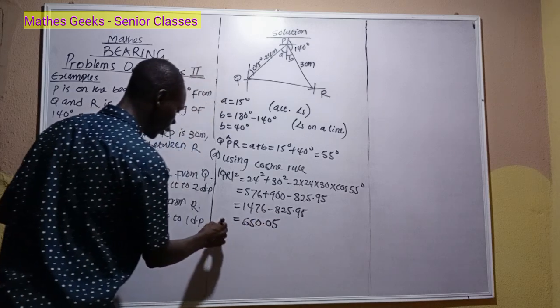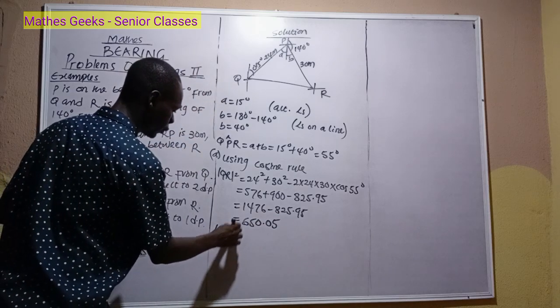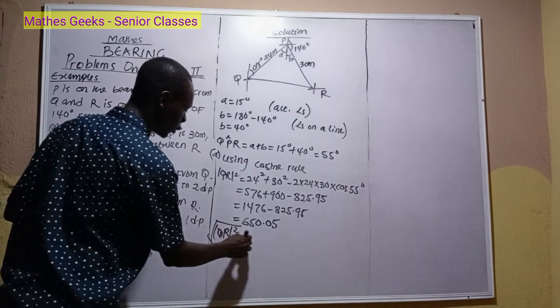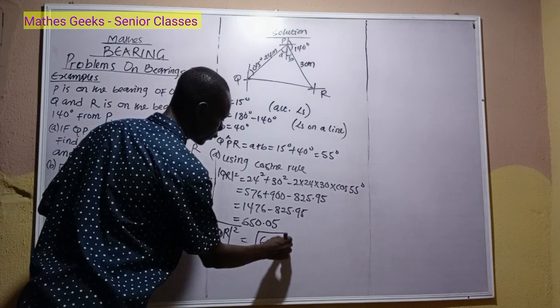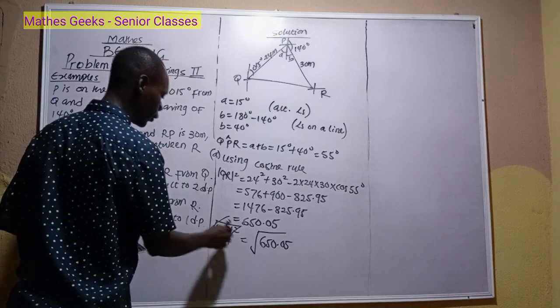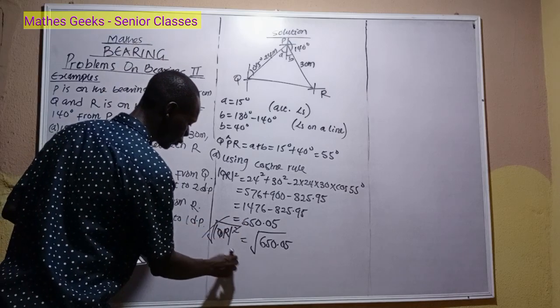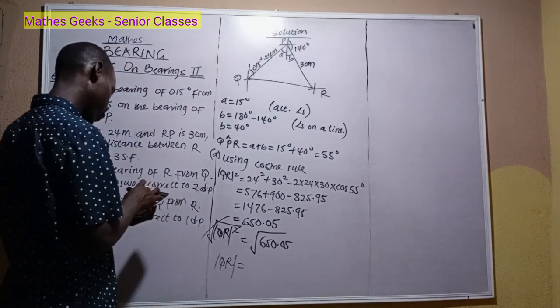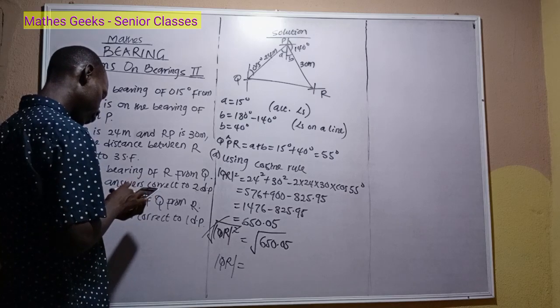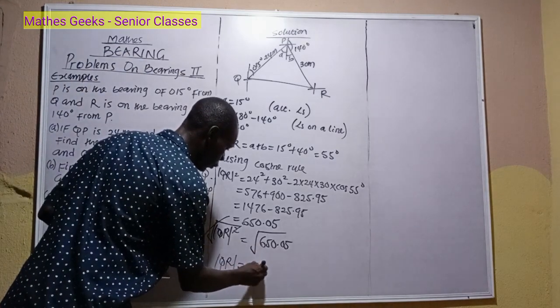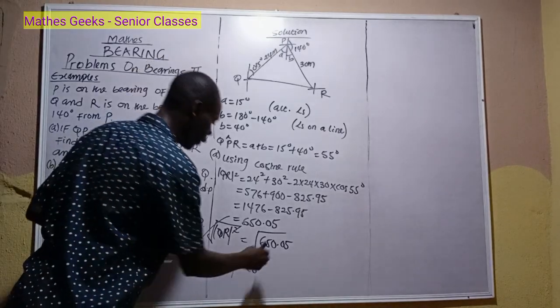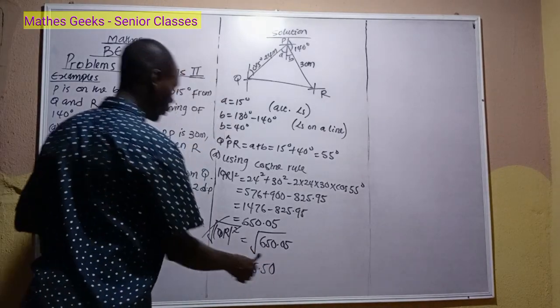That gives 650.05. So QR squared is equal to 650.05. When we take the square root of both sides, QR is equal to the square root of 650.05, which is 25.496.